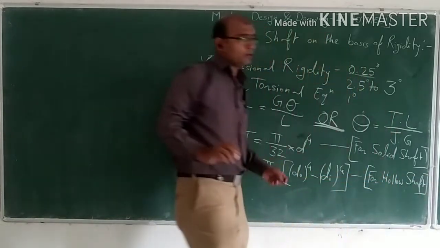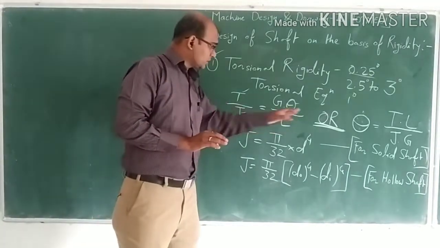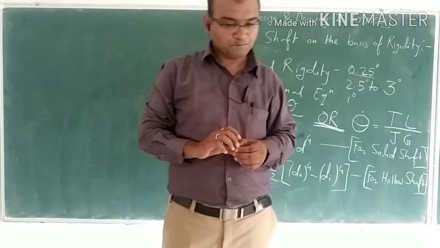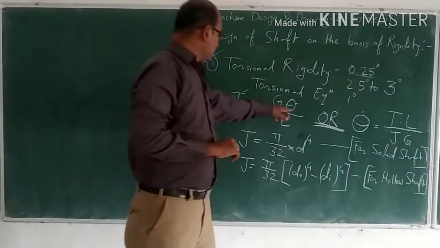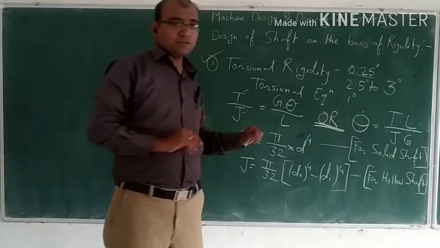That's clear: first for the solid shaft and second for the hollow shaft. Theta is covered, T is covered, J is covered.